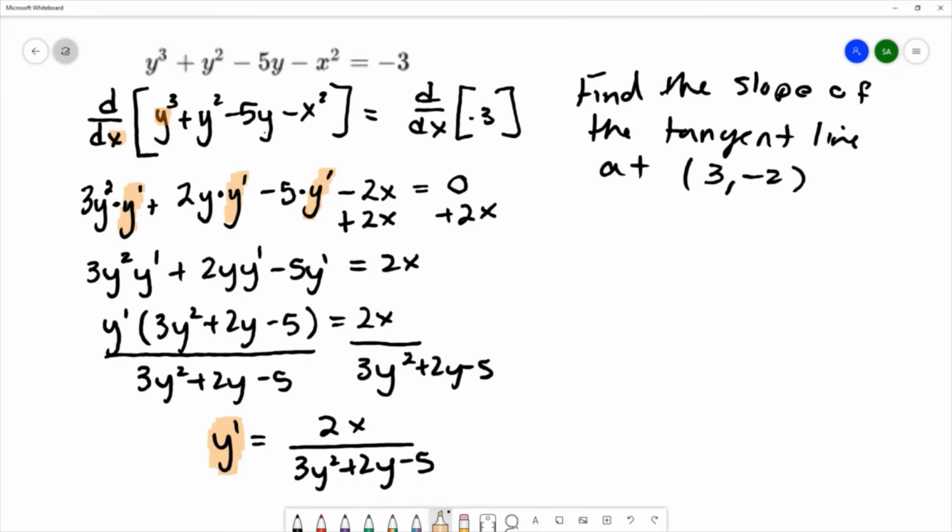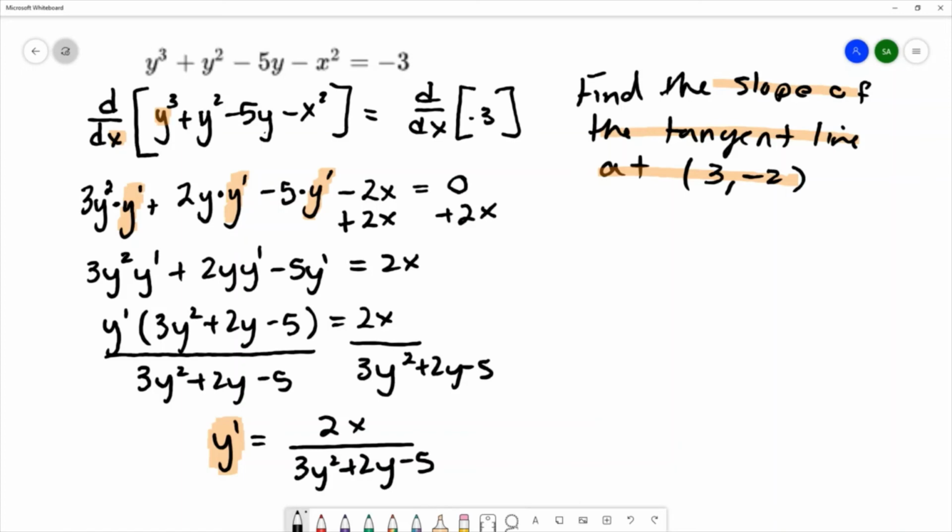So now that we've found the derivative of y, we want to find the slope of the tangent line at the point 3, negative 2. So if we remember that the derivative is the slope of the tangent line, we can calculate the slope of the tangent line by substituting our ordered pair into the equation.